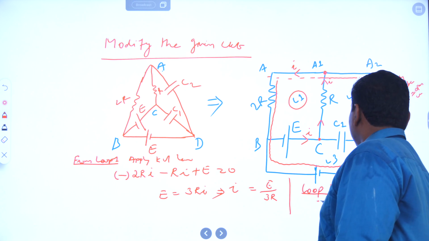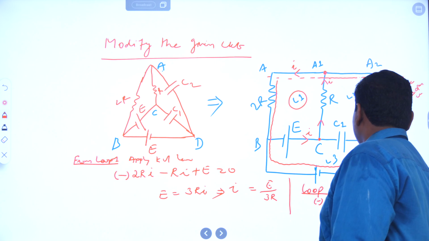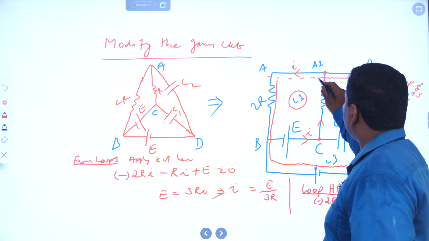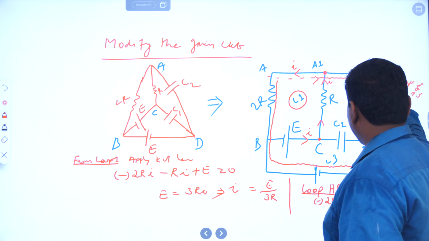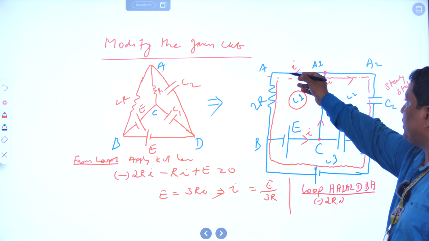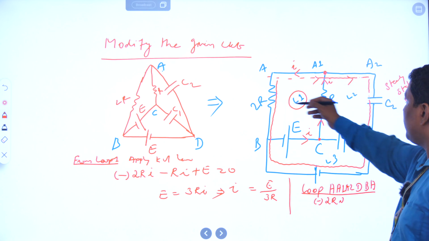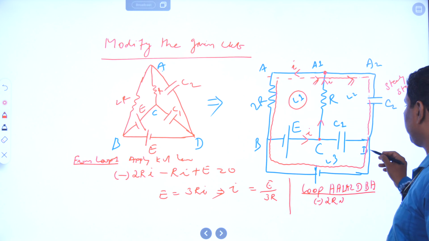So minus 2Ri. This is the loop flow direction. Start from A, A1, A2, D, B, and again reach A. It starts from A and ends again at A. Clear?